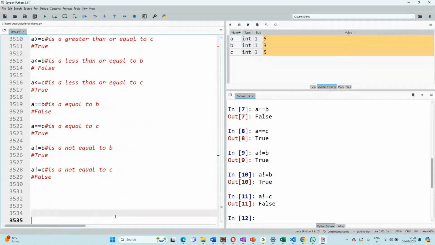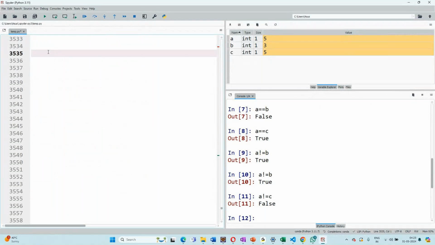For example, I will give a use case where I'll say 10 lies between 5 and 15.